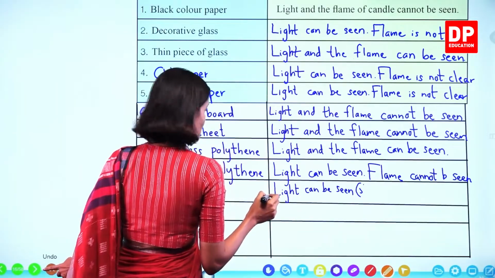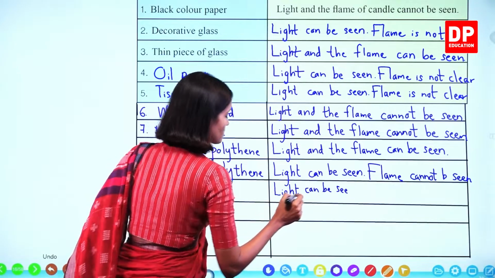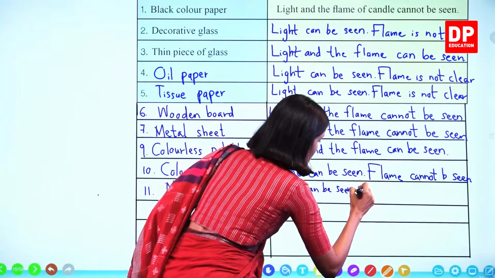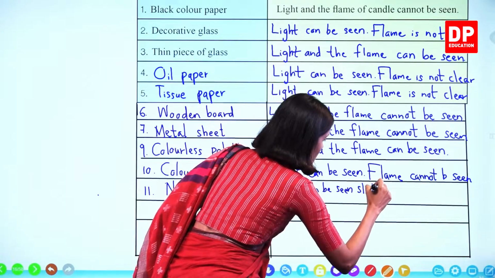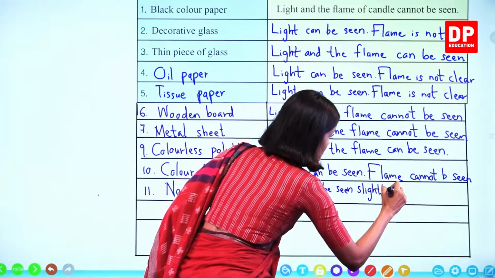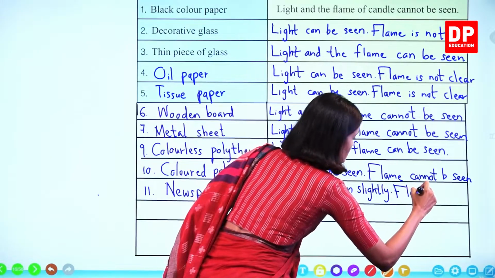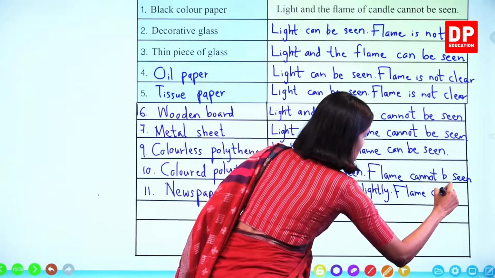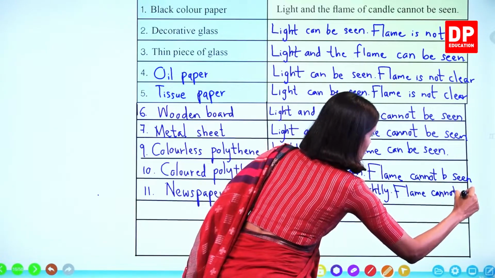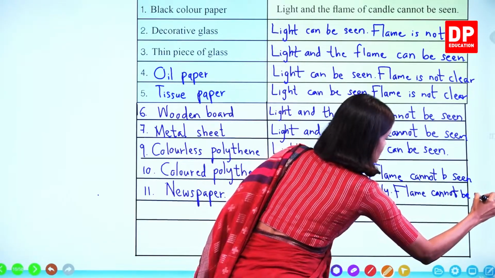Very slightly light can be seen. Slightly, but flame cannot be seen. Cannot be seen.